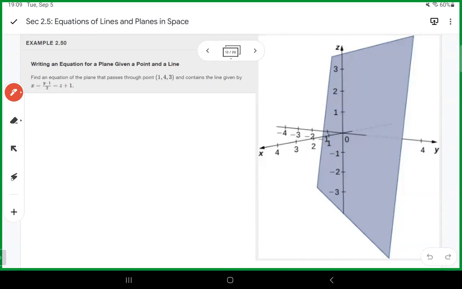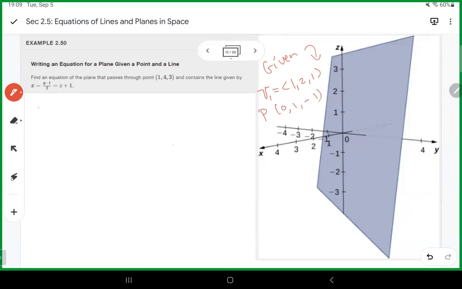So given all this information, we have a vector 1, which is 1, 2, 1. And we have a point 0, 1, negative 1.